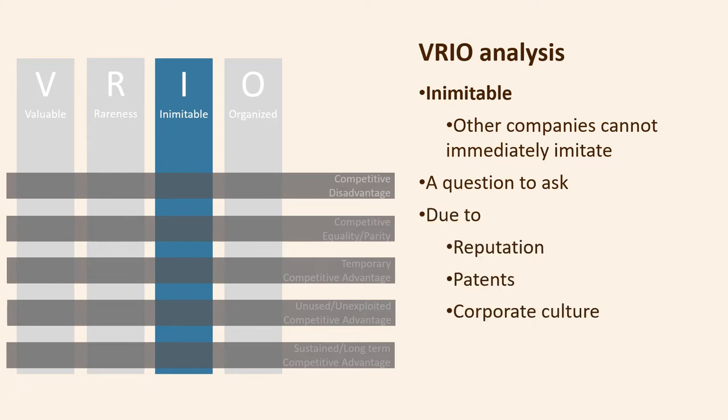It can be about reputation, corporate culture, and similar non-tangible resources. If a resource is difficult and costly to imitate, it is often due to patterns or cultural relationships in the company. An inimitable resource often provides first-mover benefits.